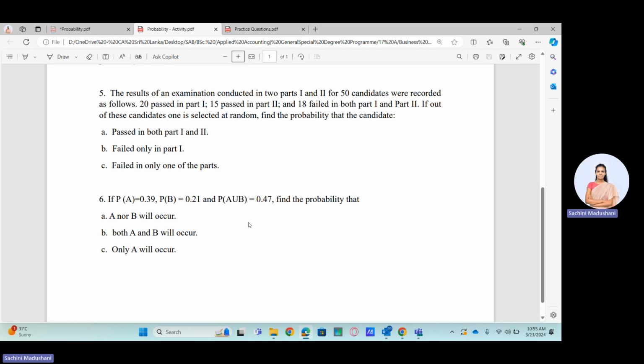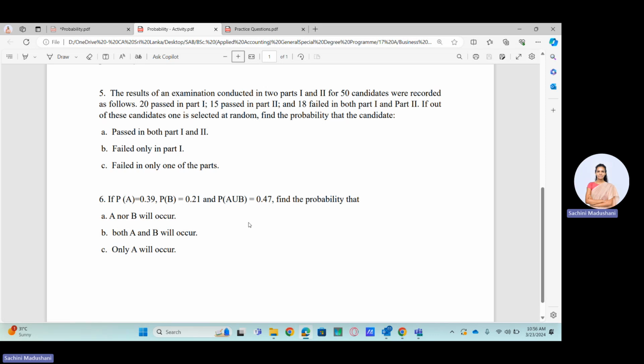How to write B only? It means A dash. It means not including the A, but these elements are including the B. True? This 12 includes the B, but not the A.